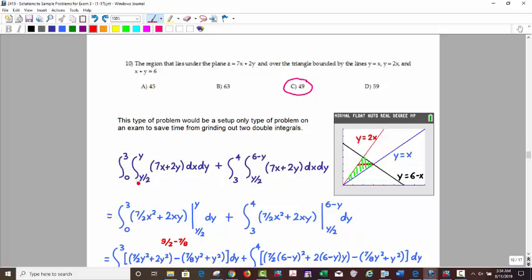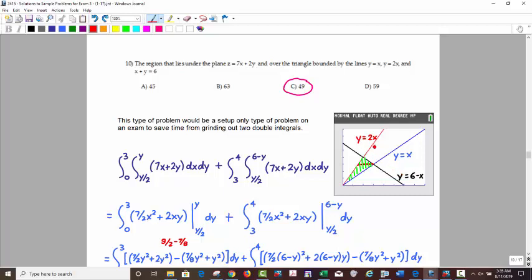Right there, y over 2 to y, and there's the function you're integrating, 7x plus 2y. Come over here. Now we go from 3 to 4. The reason we know that's 4, other than just looking at the graph, is mathematically, if you set the red and the black equal to each other and solve for x, we ultimately need y.